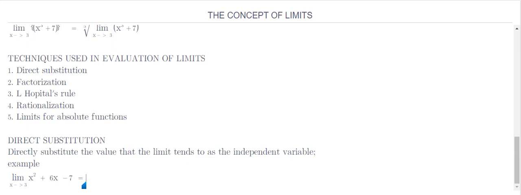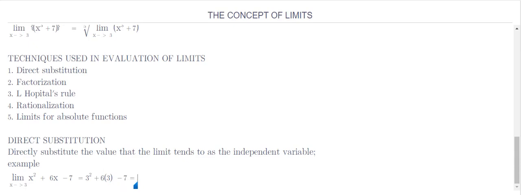So wherever you have x, you substitute 3. We'll be having 3 raised to power 2, plus 6 into bracket 3, and then minus 7. As simple as such. That is direct substitution. Then you solve this using your calculator.